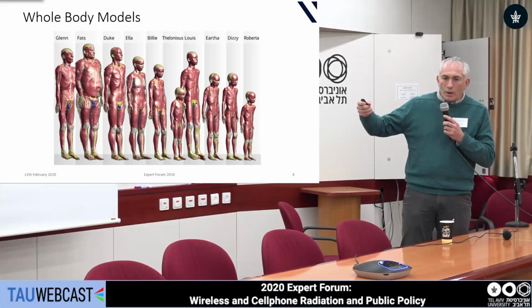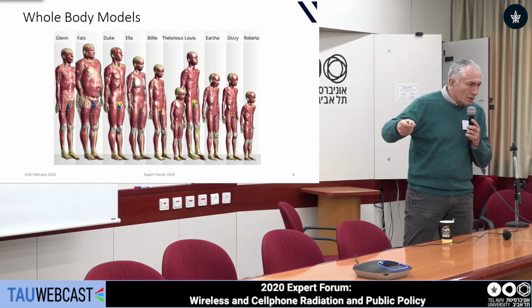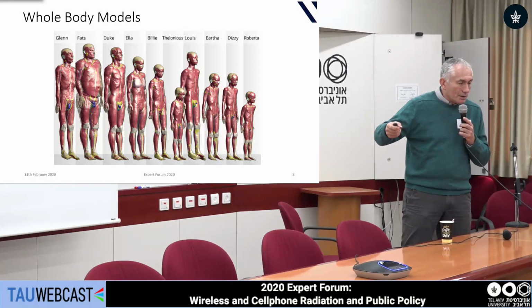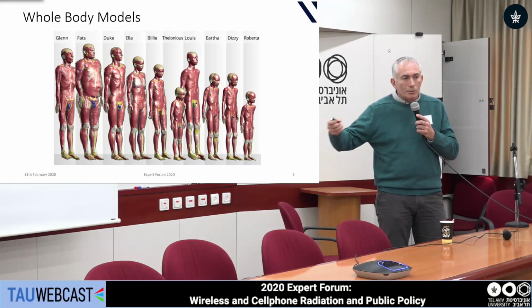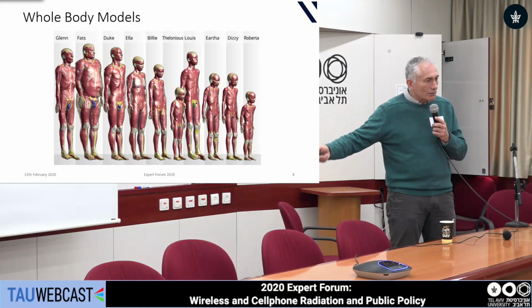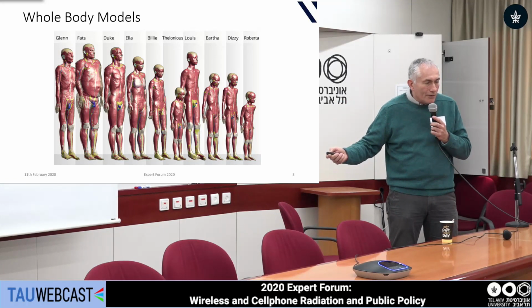When they look at the way that heat is generated, they take in consideration heat perfusion, the cooling effect of the blood. They can link between the input of energy to the output of heat. They're already 2 or 3 steps above what we have now for gauging SARs.